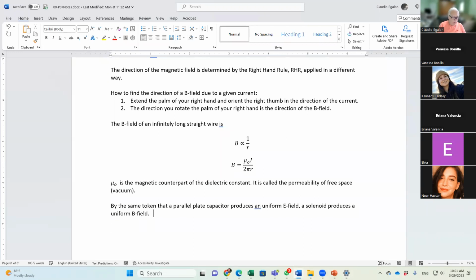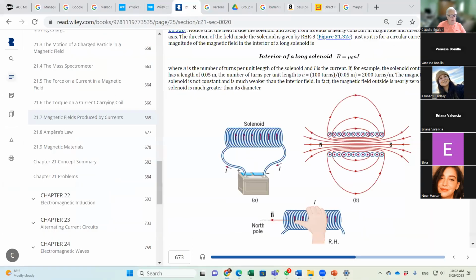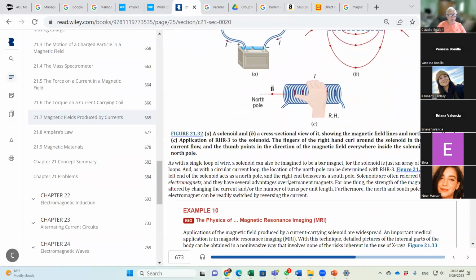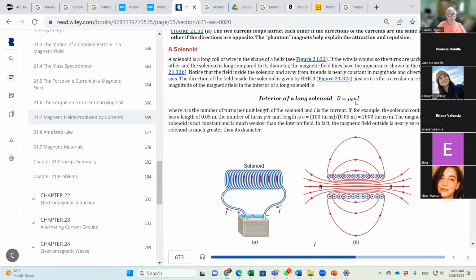The field of a solenoid is written in there. It's going to be given by mu naught I, no matter what device you have, you're going to have a mu naught there. You're going to have an I in there, and the I is proportional to B. Mu naught I, and then n.